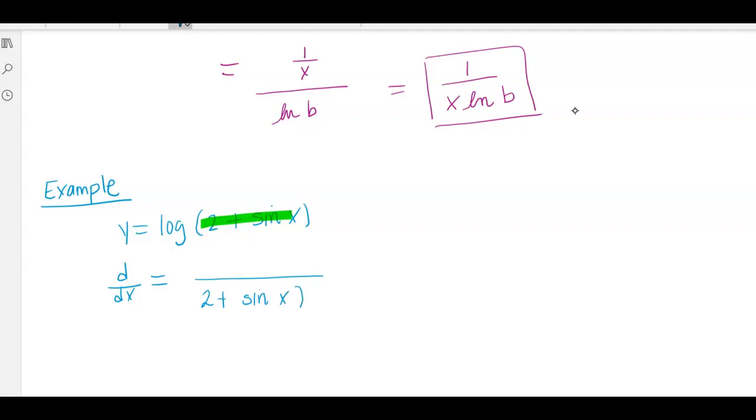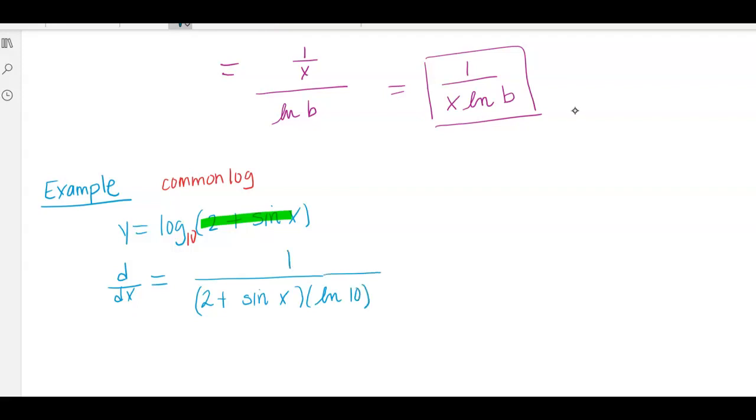And then I multiply by the natural log of whatever the base is. When we have the common log, this is called the common log. When no number is written, it's implied that there's a 10 here. So we're taking the natural log of 10.